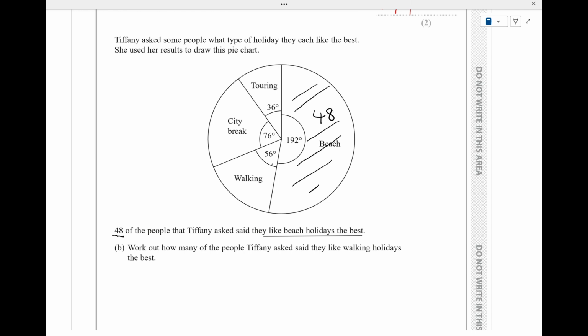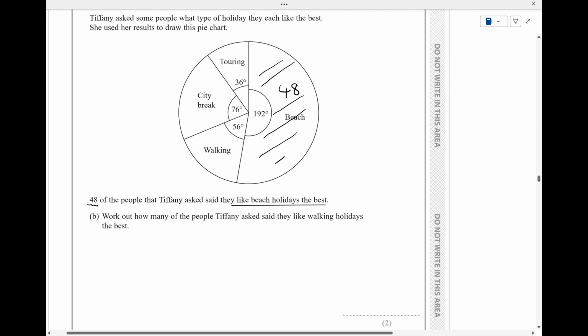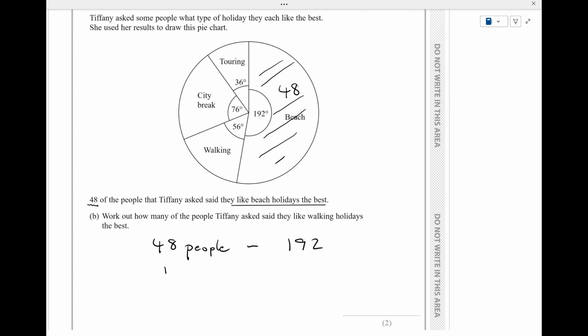How many people said they like walking holidays? Well, what I'd do is say 48 people is 192 degrees. How many degrees for one person? Let's divide the 192 by 48. 4 degrees for one person.